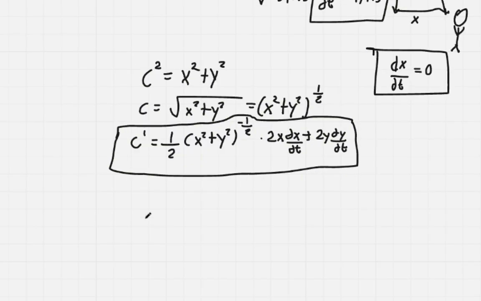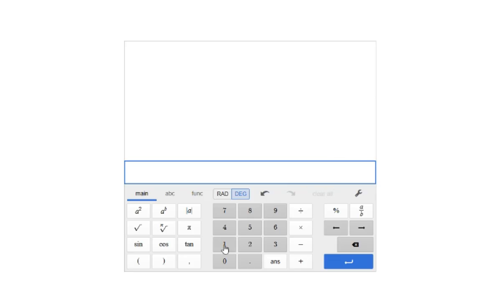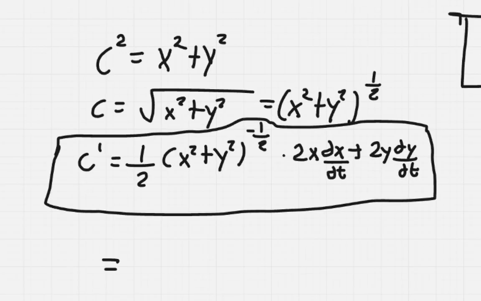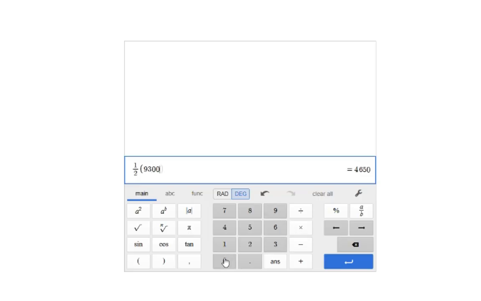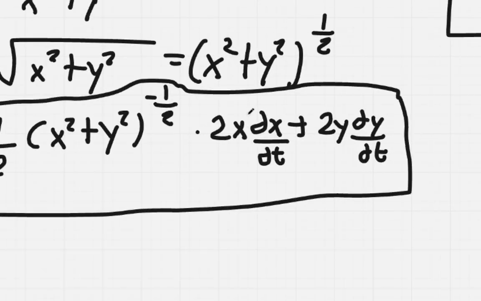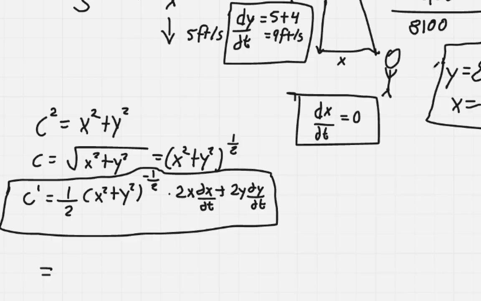So if we plug all of this in, let's try it on Desmos. We have 1/2 of, in this case 0, y is 9,300 squared to the negative 1/2. We know that x will never change because they never move outwards.